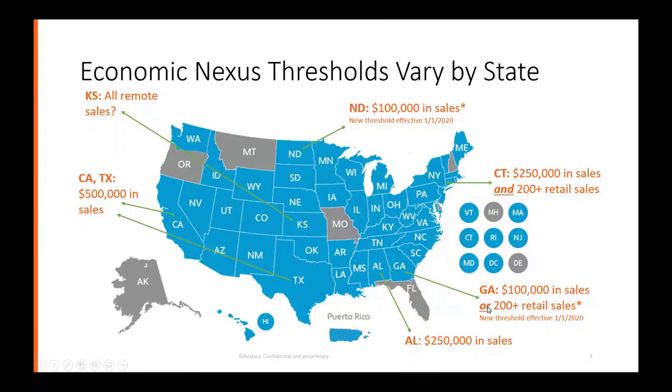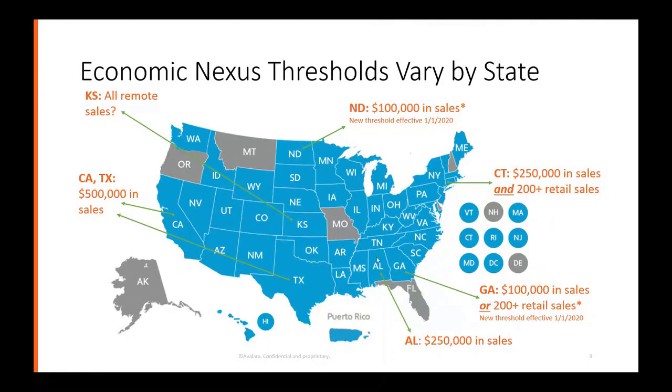They could even be $5 sales, but if you're doing 200 or more of those transactions, then you are compelled to register in that state. They all vary, they're all complicated. In Kansas, for example, they don't have a threshold. Basically, every sale counts. So it's very complex, very tedious, time-consuming, open to risk.